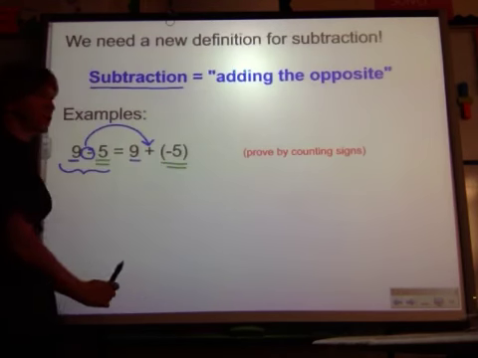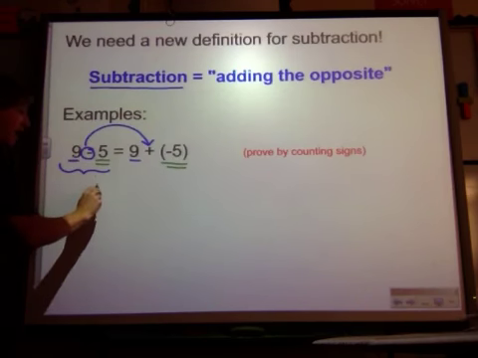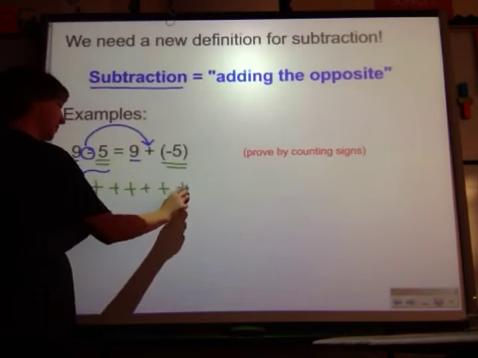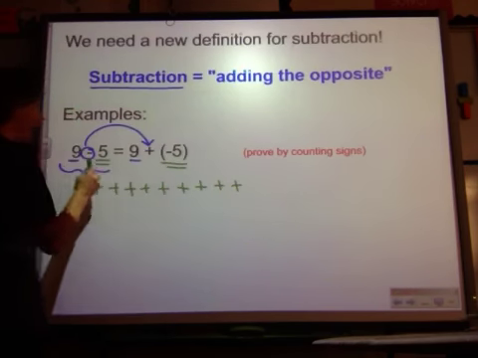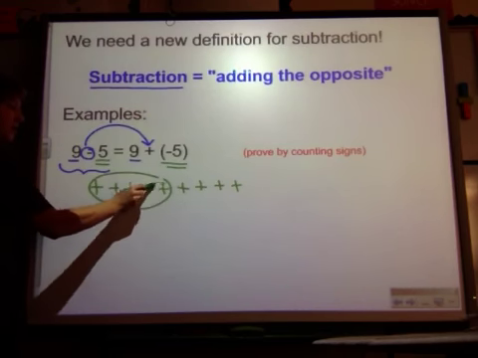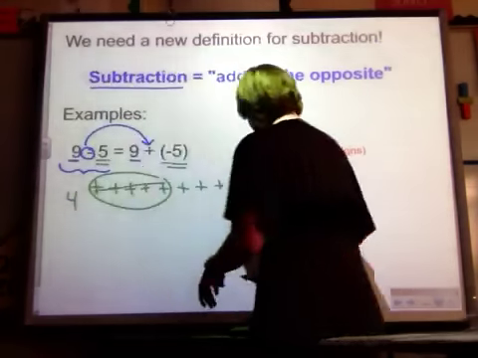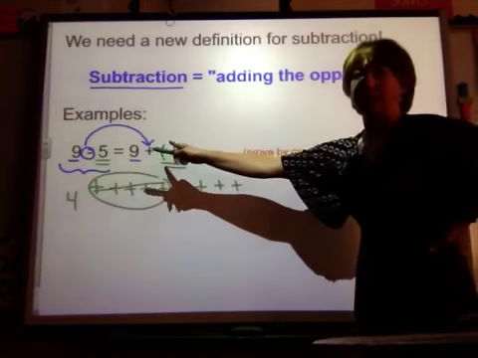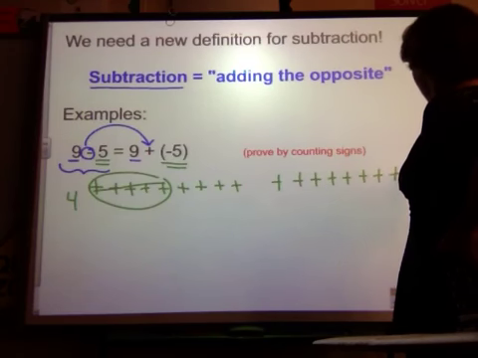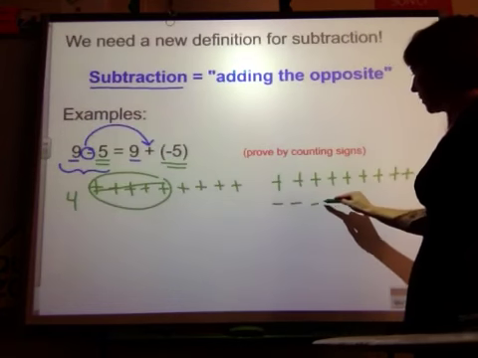And we're going to prove that this works by using the counting signs. If I originally had 9 minus 5, I have 9 positives, 1, 2, 3, 4, 5, 6, 7, 8, 9, and then I'm going to subtract 5, 1, 2, 3, 4, 5. So I could subtract those and say that I have the answer 4. But let's take a look at it with our new method. I have positive 9, 1, 2, 3, 4, 5, 6, 7, 8, 9, and I'm going to add 5 negatives. 1, 2, 3, 4, 5.